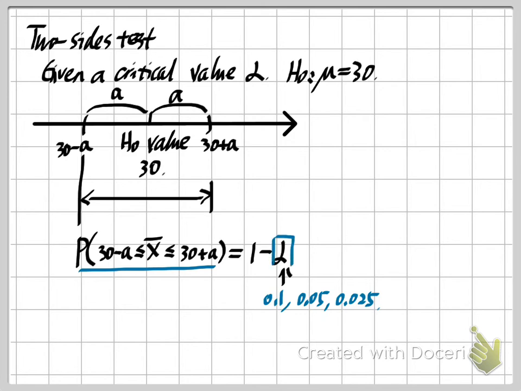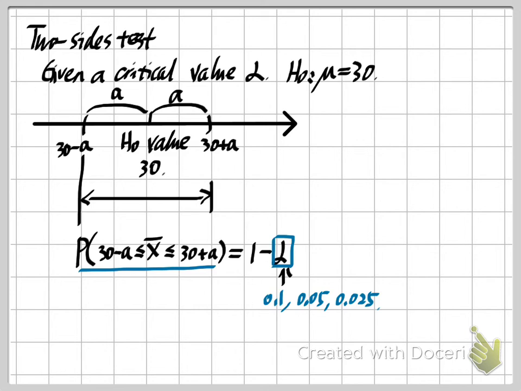When we are given the critical value, we can use the information we have about our population, about the distribution of our test statistic, to compute the left endpoint and right endpoint of our critical region. Okay, so this is a two-side critical region.